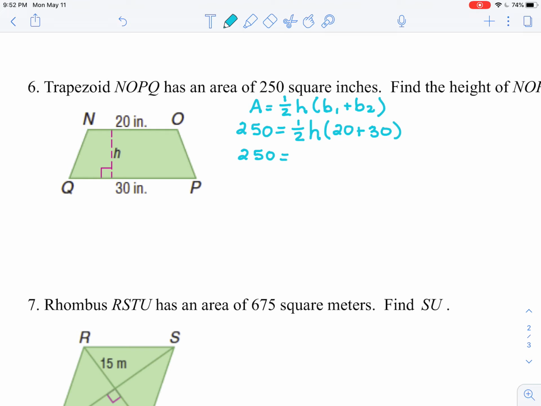When I clean up the right side of this equation, 20 plus 30 is 50, and then multiply that by 1/2, 50 times 1/2 is 25, and we still have the h. And then when you divide both sides by 25, h should be 10. So for your final answer, the height of this trapezoid is 10 inches.